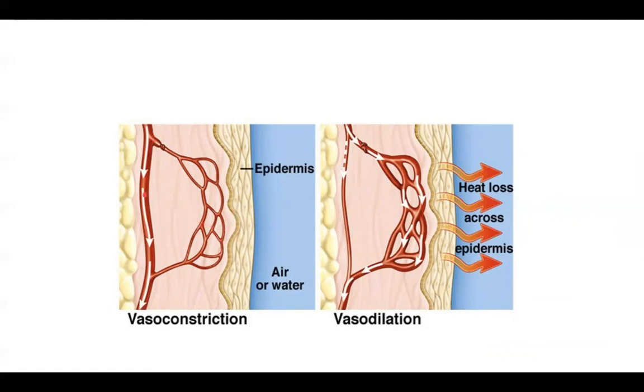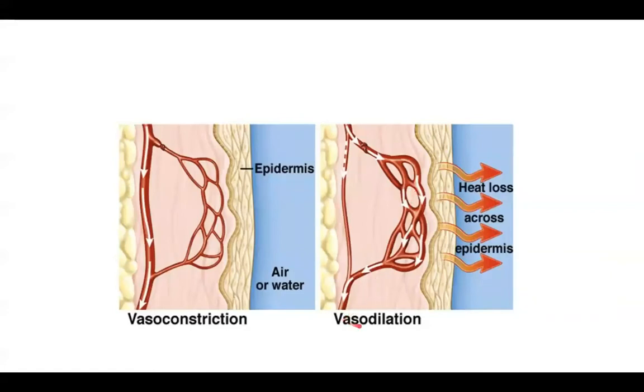The blood flow continues from the lower vessels, so the blood is supplied, it moves forward, but heat is not lost. This is normally carried out when it is very cold. So, this is a process which is carried out to conserve body heat. On the other hand, vasodilation is a process where the blood vessels which are closer to the surface of the skin, closer to the epidermis, increase in their diameter.